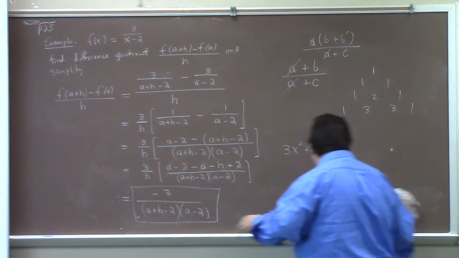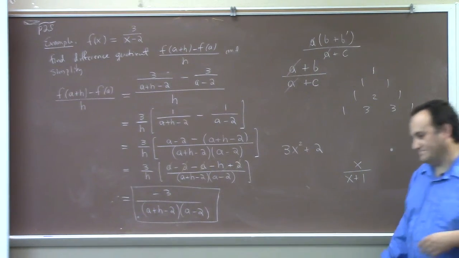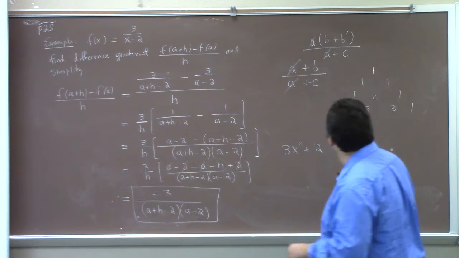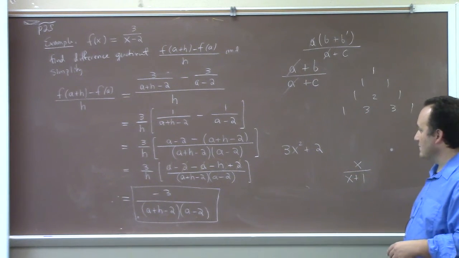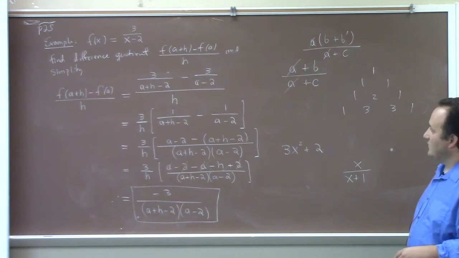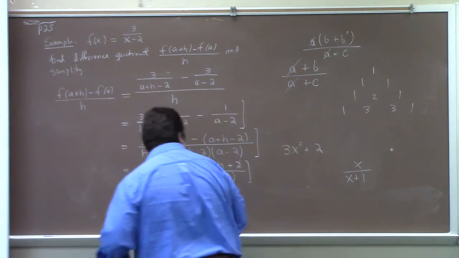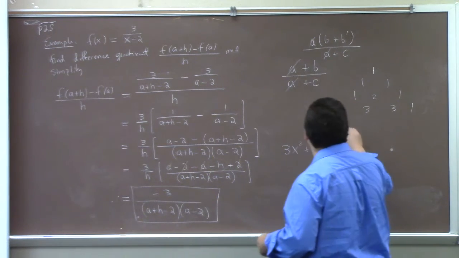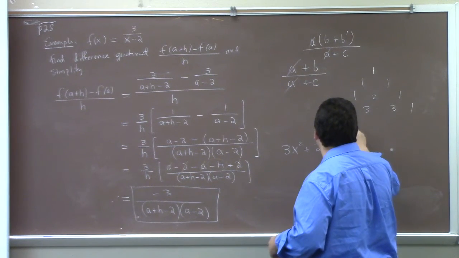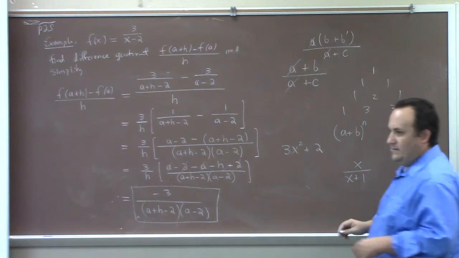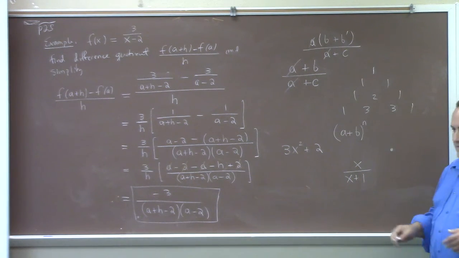All right, yeah. Quick question. When we use Pascal's triangle, I know how to use it, but when can you use it again? Basically, anytime you're looking at something like a plus b to the n power, it gives you the coefficients on that.